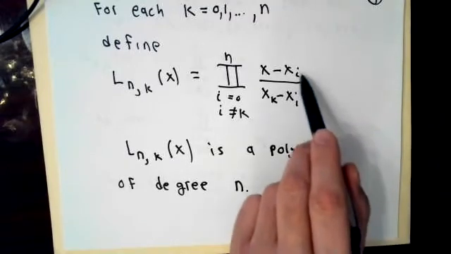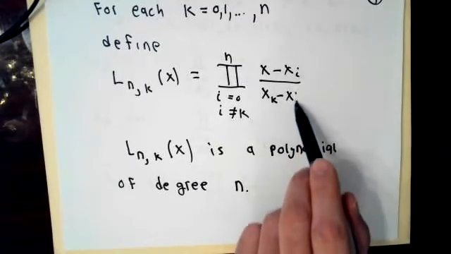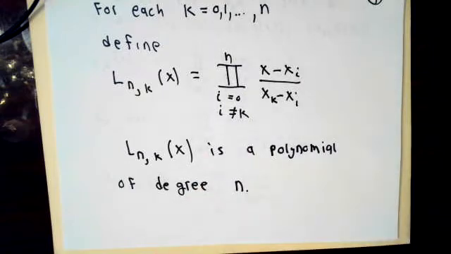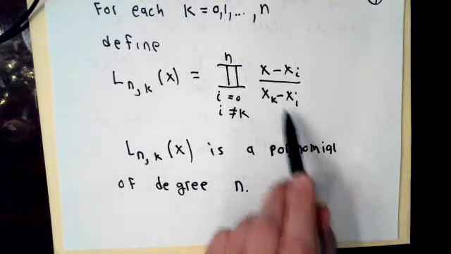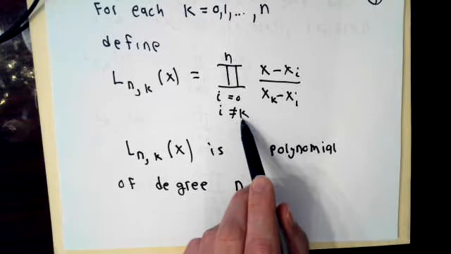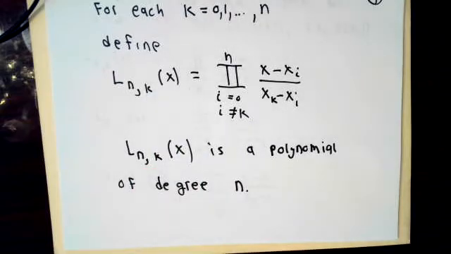So this index is the index of the product here. This k and that k refer to which one of these L polynomials that we're going to talk about. If we included all factors, we would have a polynomial of degree n+1, since i could be 1, 2, 3 up to n, and also 0. By leaving that one factor out, we get polynomials of degree n exactly.